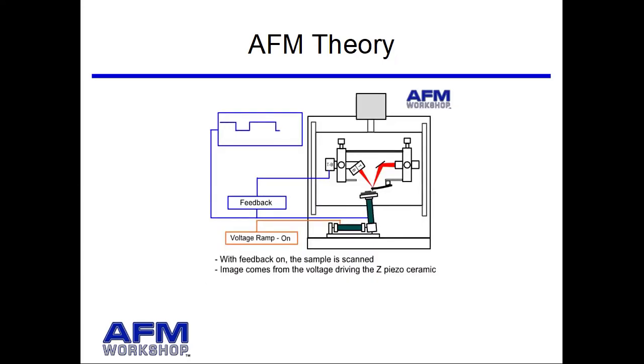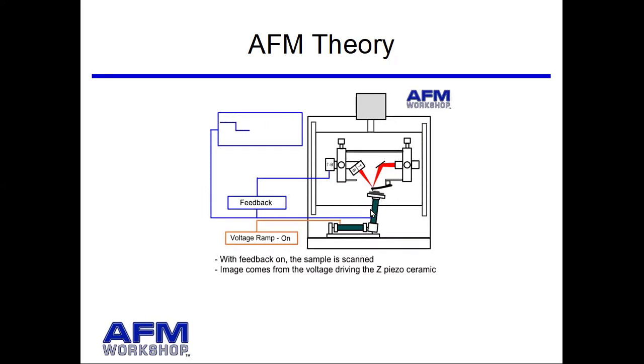This schematic, or animation, shows how the microscope works. It's quite simple in design. So you have a laser which shines off the backside of a cantilever into a 2-section photodetector. The output of that photodetector is then fed through a feedback circuit into a piezoelectric ceramic. So if the cantilever starts to bend up, the Z piezo down here goes down.